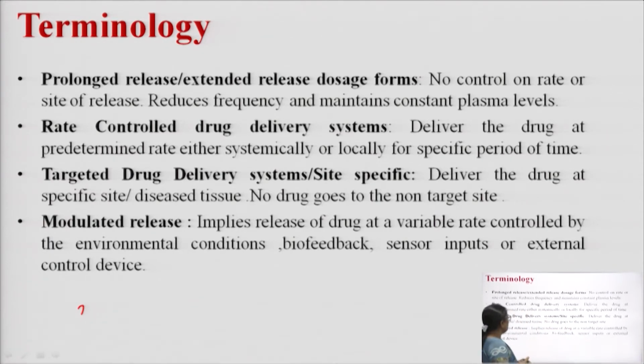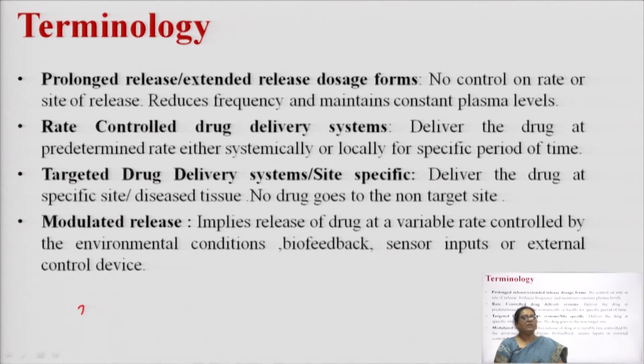The third ones are the modulated release preparations. This implies that the drug release is happening at a variable rate and is being controlled by the environmental conditions. These preparations are also called as the smart delivery products because they have an inherent mechanism in them whereby they can sense the changes in the environment and hence control the release of drug from the preparations.